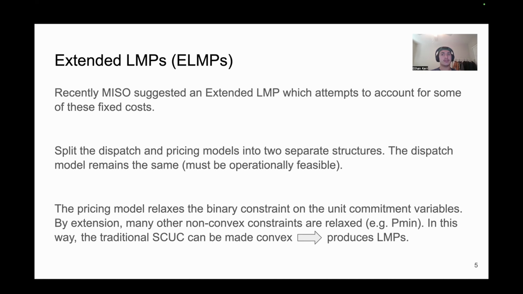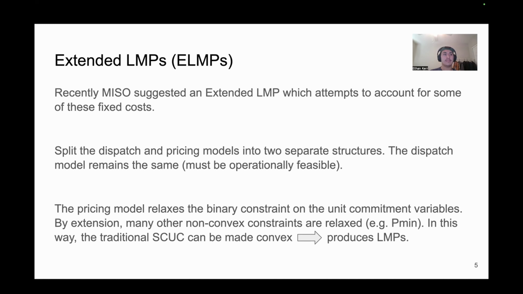And these minimum output levels are softened, and the unit commitment variables are allowed to take smaller values. This convexifies the SCUC. Once these are relaxed, it becomes a more convex-based problem, which allows it to be tackled by eliminating underlying costs.